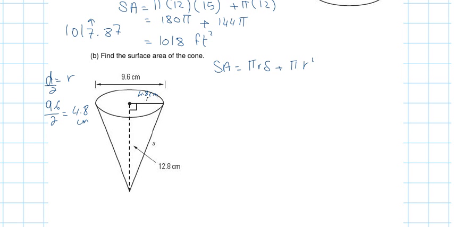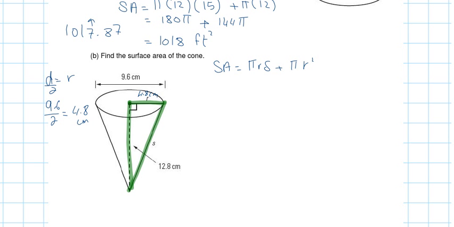What do I know? I know the height. How can I find the slant height if I know the height and the radius? Pythagorean theorem, that's right. Remember, this forms a right angle triangle, right? So you see right here, you have a right angle triangle. You know this side, you're looking for what we call the hypotenuse, right?